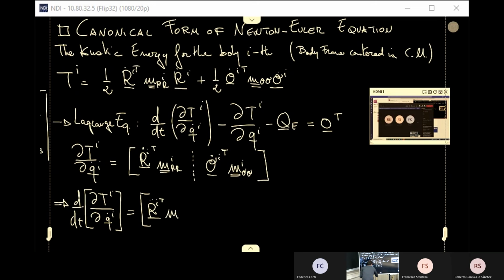So this is basically what we get. Very easy. Here things start to get a little more complicated, because the submatrix associated with rotation also depends on time. We have seen it yesterday, I guess. So we get the following here.